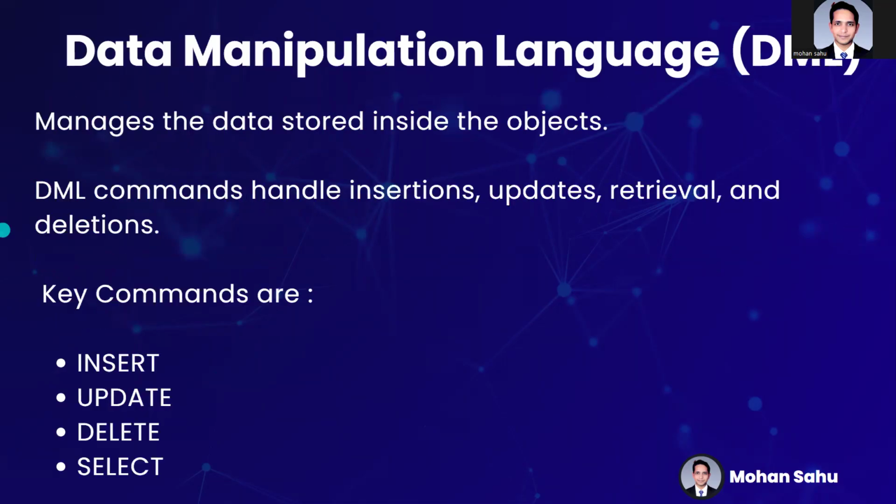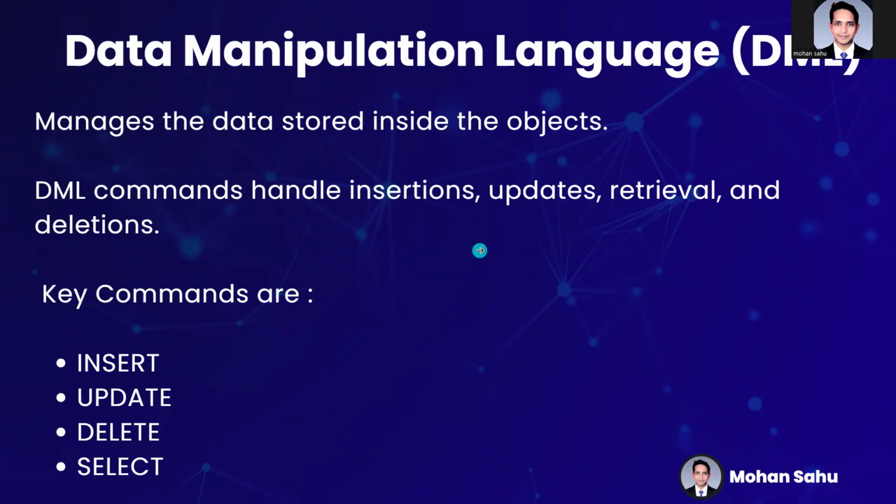Next, we have DML, that is data manipulation language. So whenever you want to modify something in the database objects, you use this DML language or data manipulation language. So this basically works on the data which is stored inside the objects.